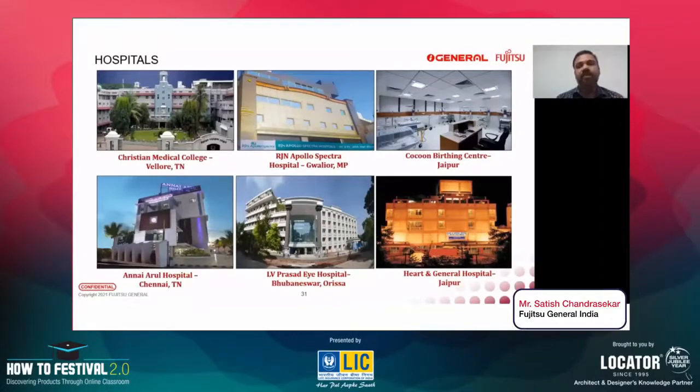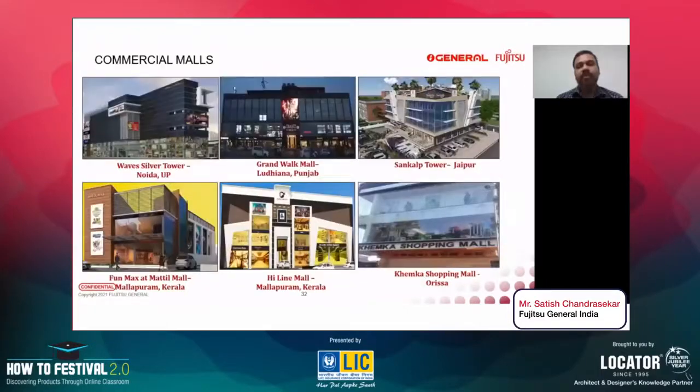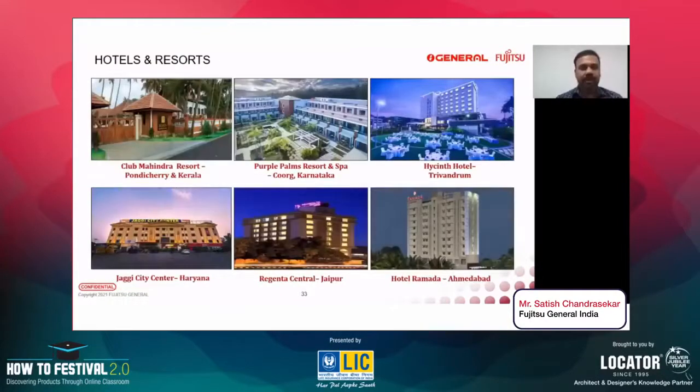And then we have commercial malls, the Grand Walk Mall, Sankalp Tower, Highline Mall in Kerala. Then we have a lot of hotels and resorts, Ramada in Ahmedabad, Club Mahindra in Kerala and Pondicherry. We have installations in Coorg and Purple Palms, Regenta Center in Jaipur.